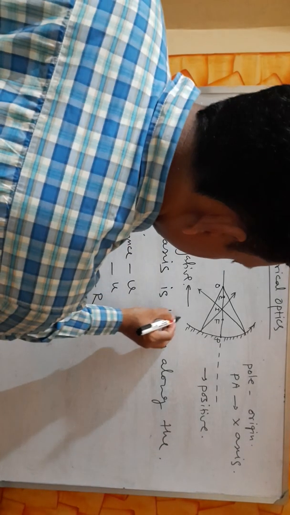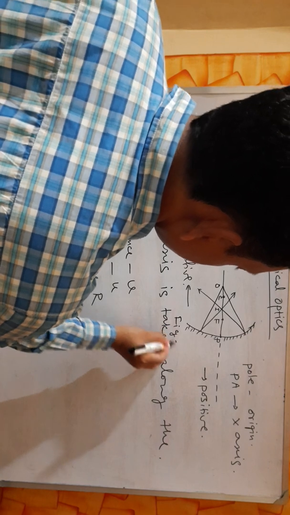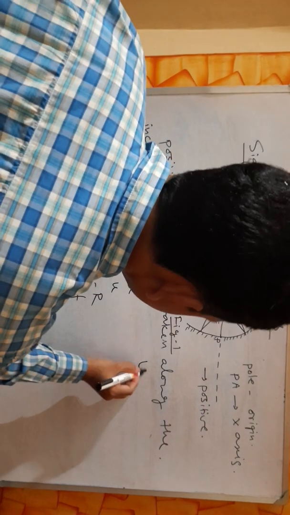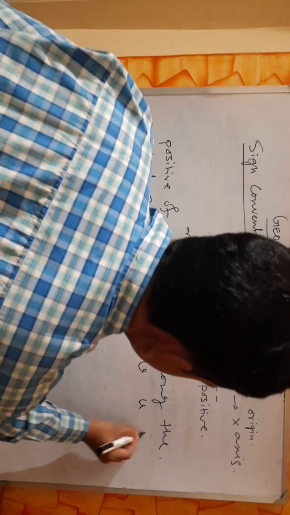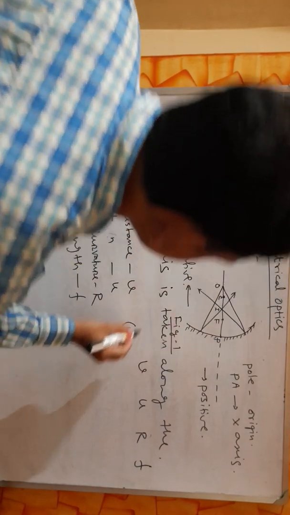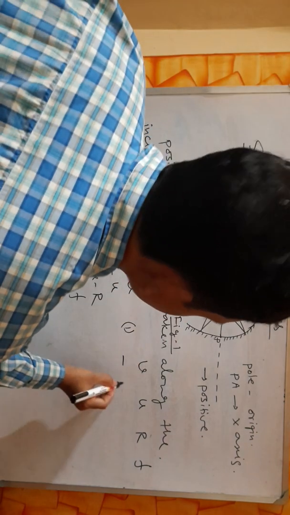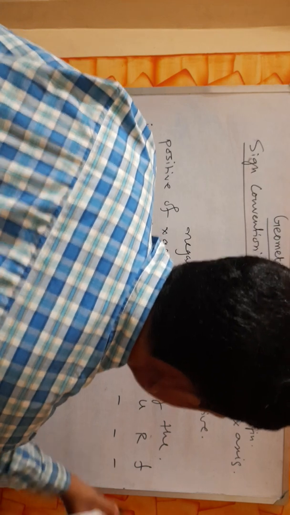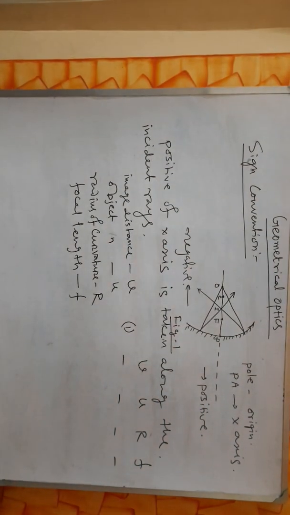So figure 1, we can say V, U, R, F. Sign convention: V is negative, U is negative, R is negative, F is negative.